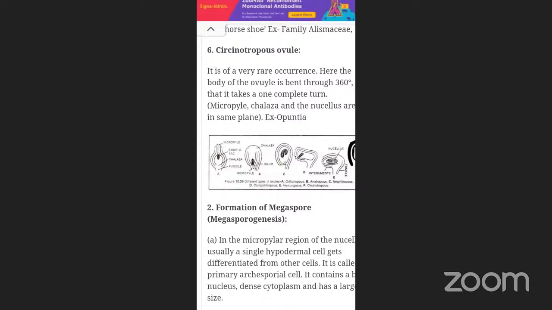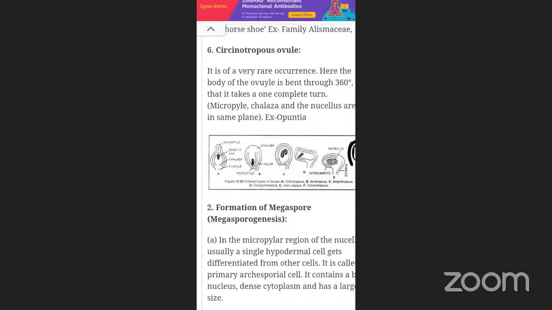This type of anatropous ovule is found among the angiosperms in more than 200 families. Most families have anatropous ovules.